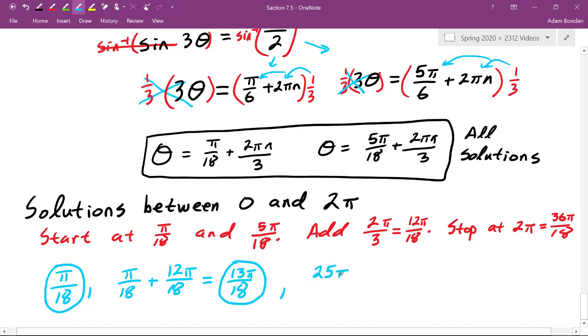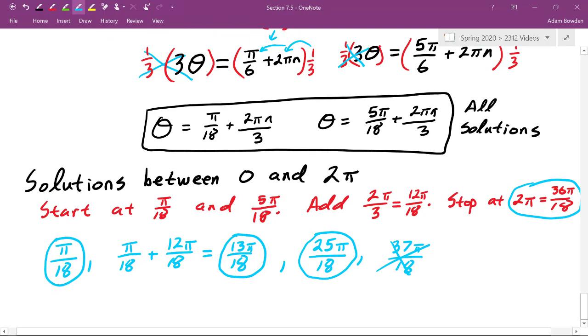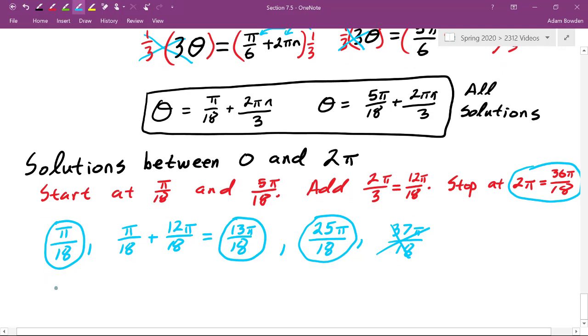The next one would be 25 pi over 18. And then we get 37 pi over 18. But that's going past 2 pi. So that's where we stop. We don't go past that. So that wouldn't be in our solution between 0 and 2 pi. Only pi over 18, 13 pi over 18, and 25 pi over 18 would.